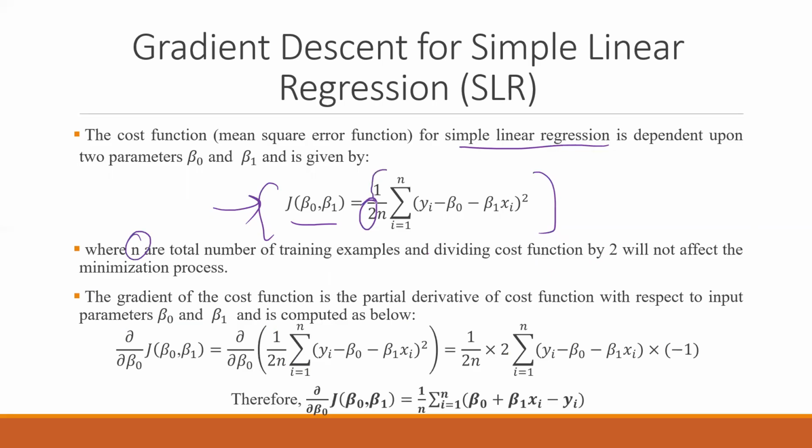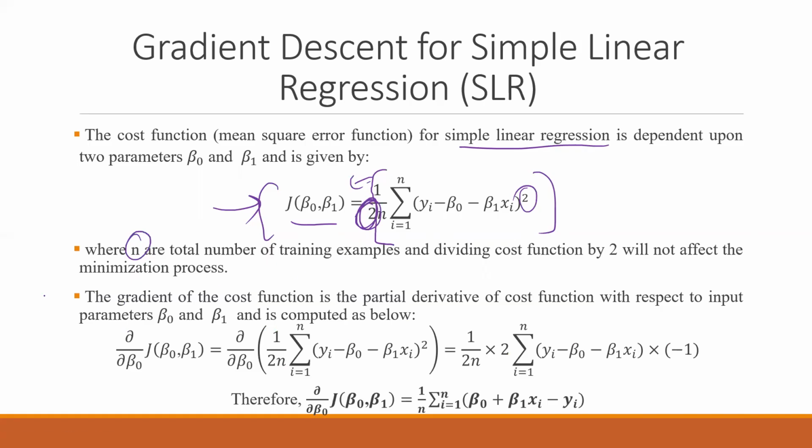The equation was only 1 by n into the summation of this part, but we have added this 2 because later, when we do the differentiation, we will need to cancel out this 2 when it comes to the numerator after differentiation. So that's why we have taken the assumption of 2 in the denominator at this place.